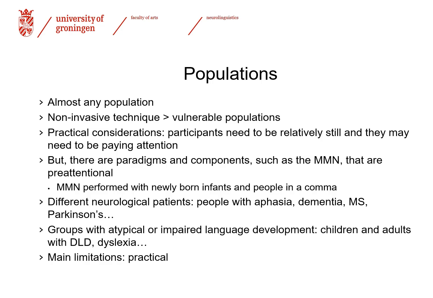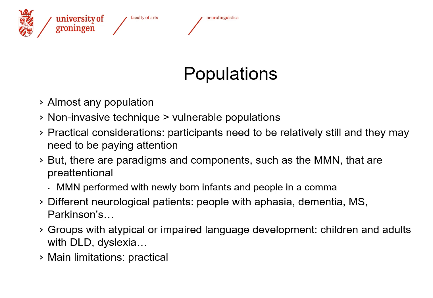What's very interesting is that we can look into groups with atypical or impaired language development, such as children or adults with DLD, dyslexia, also with autism. We can also do longitudinal studies and look into what is going on during development. There are some components that I haven't mentioned before, but that can be looked into during the acquisition of literacy.